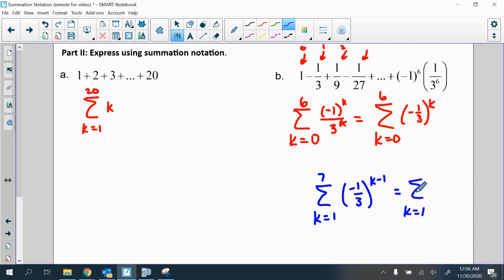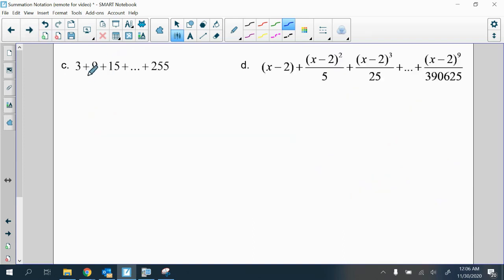Or the sum from k equals 1 to 7 of negative 1 to the k minus 1 over 3 to the k minus 1. Yeah, this would actually do the exact same thing as what I wrote in red. It's usually easier to avoid doing a lot of k minus 1 and stuff, but it's okay. Either one would be fine.